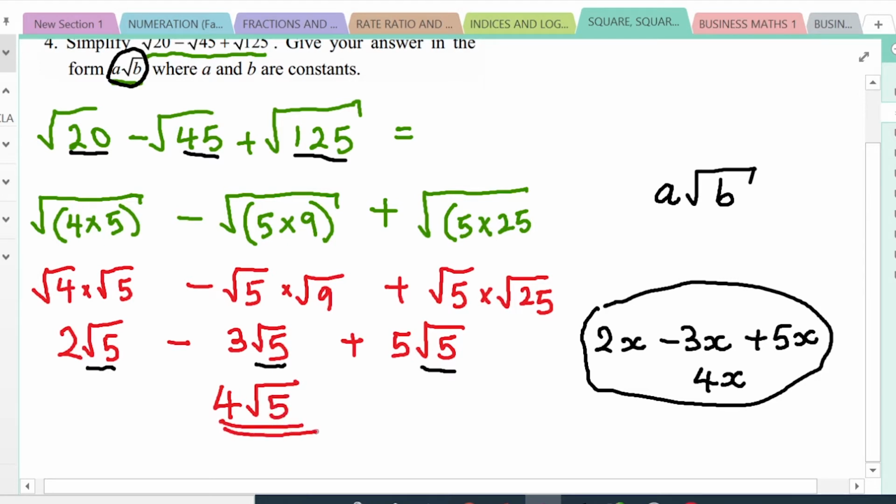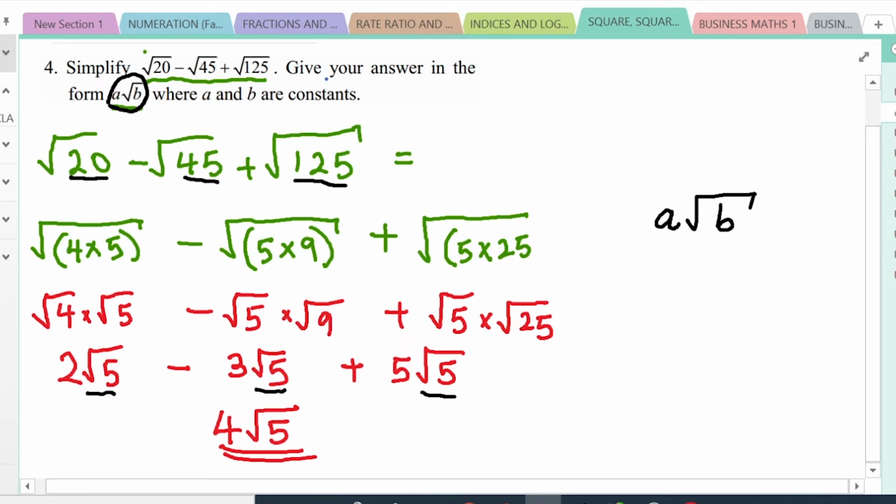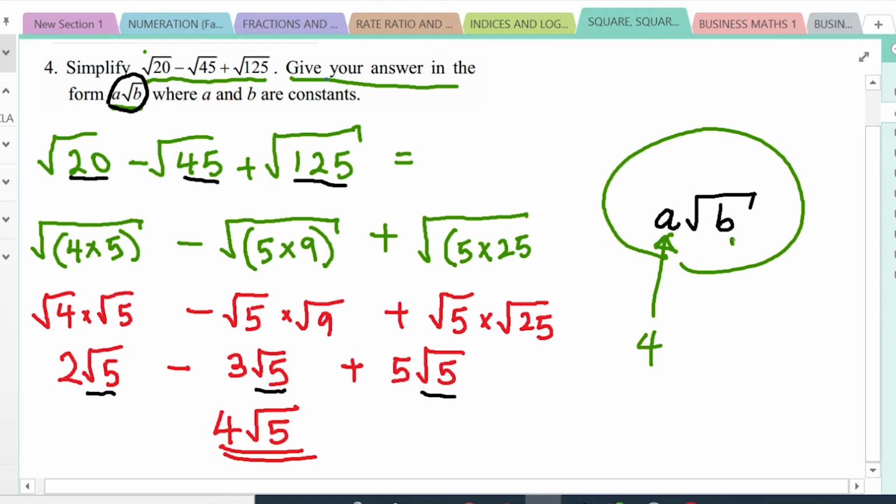That's the answer. That's how you look at it. So I think we've answered the question. The question required us to give your answer in the form a root b, which is this. So meaning our value of a here is 4 and our value of b is 5. This right there is the answer.